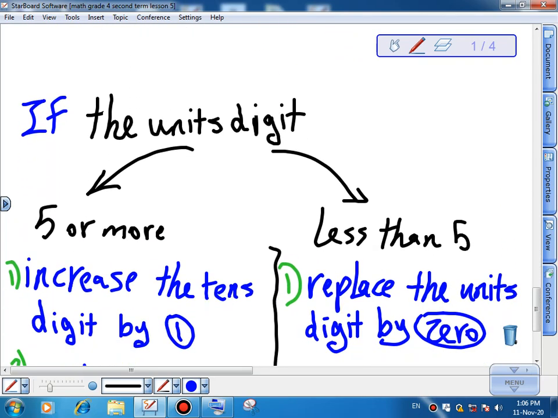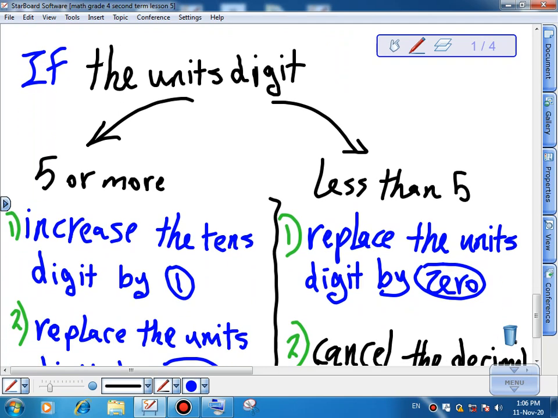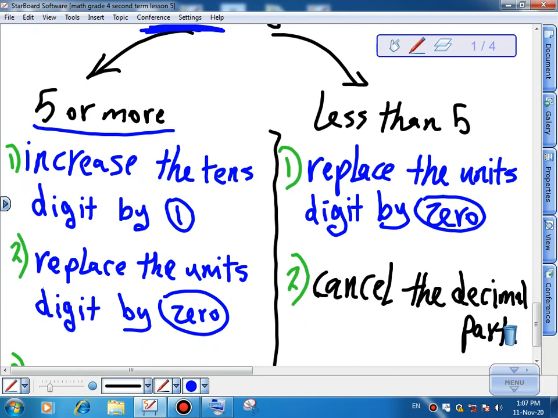So the rule that we use for approximation to the nearest 10: if I need to approximate to the nearest 10, just look to the tens place and make an underline under this number. If the units digit is 5, 6, 7, 8, 9, which is 5 or more, what I will do, just increase the tens digit by 1.